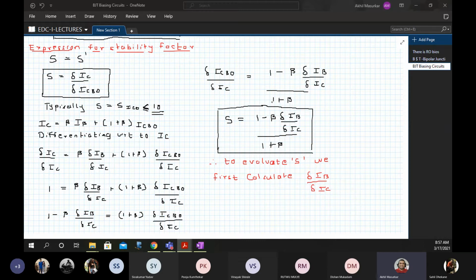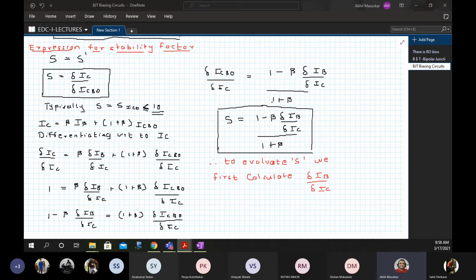So with this much, to summarize our first 1 hour, we started with a small introduction to BJT where we relooked at IE is equal to IC plus IB. Then we spoke about DC load line, but then the question was where to draw this line. So the line has to be drawn on the output characteristics.